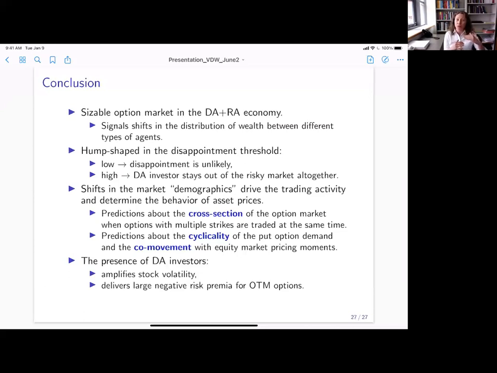So the size of the put option market you can get, but when you start trying to explain multiple options trading at the same time, and also the co-movement between the two different markets, as I said, you run into this problem that these are rare events. You would need a lot of disagreement about these rare events in order to generate a big enough market. But when you have a lot of disagreement, it means that there is a lot of risk sharing in the economy, and so the equity premium is low in those states.